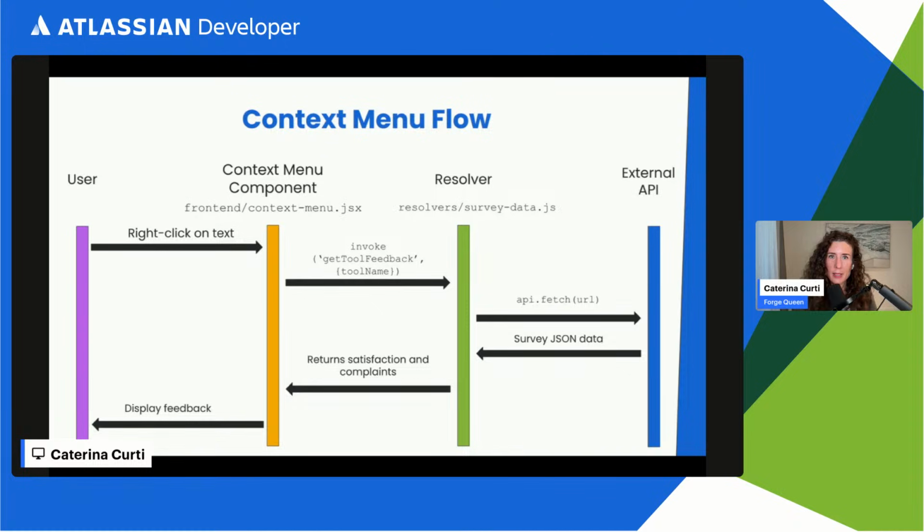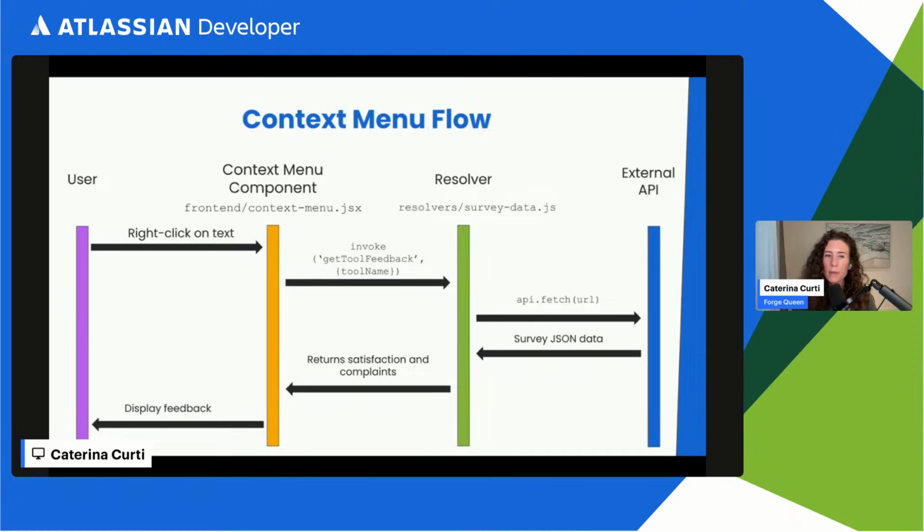That's how the resolver is going to retrieve the information specifically for that tool using, again, the API.fetch with a different URL in this case. And that's how we are going to retrieve the data from our external API.